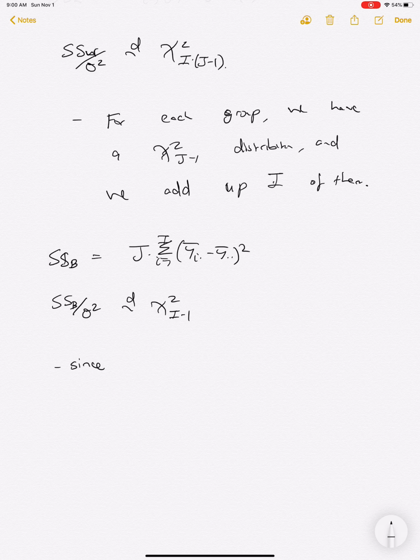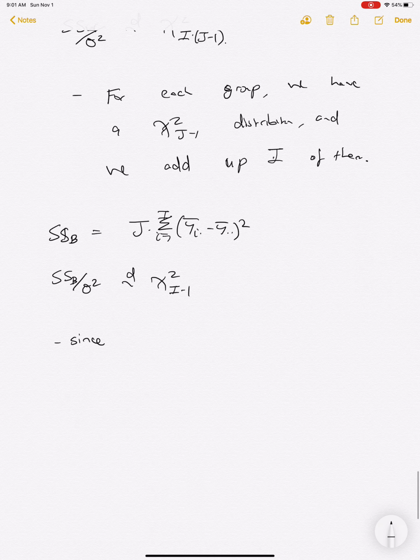This has very similar logic. Sorry, I just lost my train of thought briefly.